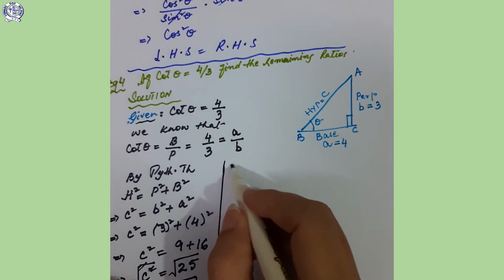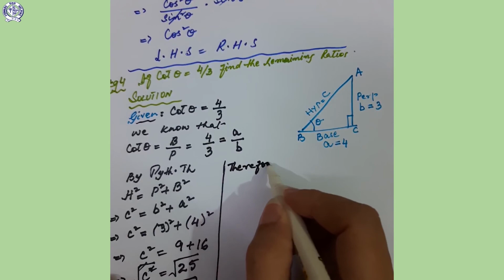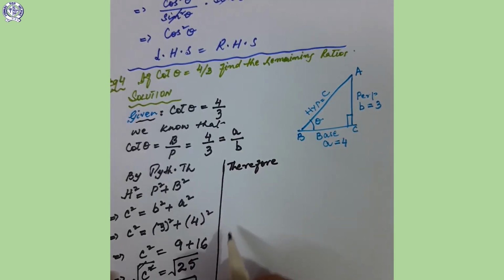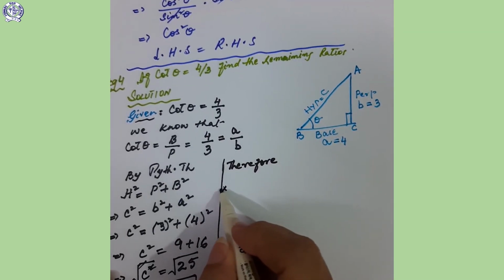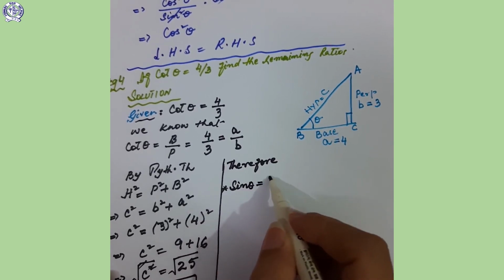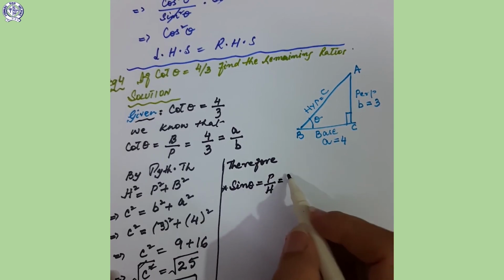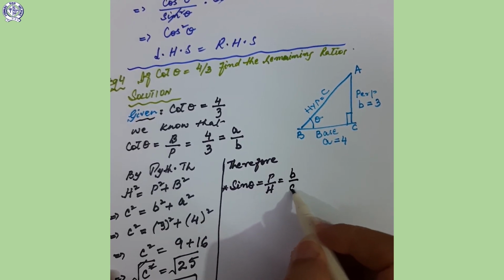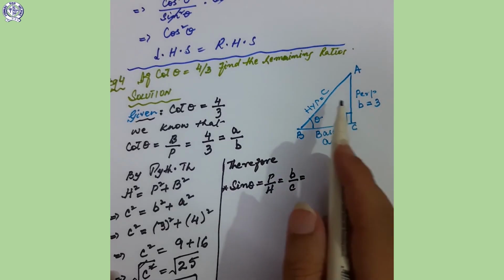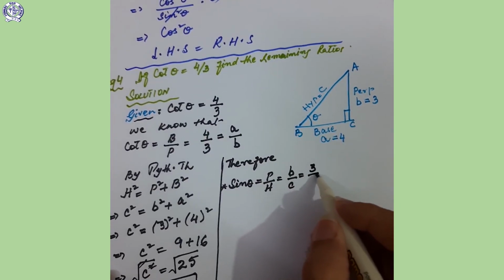Therefore, let's start with sine theta equals perpendicular upon hypotenuse. Perpendicular is B upon C, so 3 upon 5.